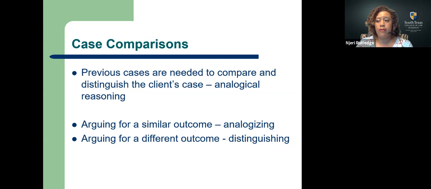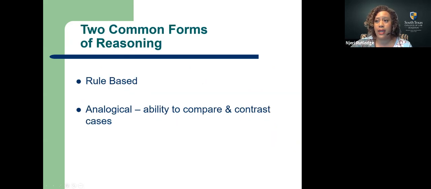If you're arguing for a similar outcome, so let's say early in your paper you said, here is what the conclusion will be, and you find a case that supports that, then you're going to be analogizing that case. If, however, you say this is what the conclusion will be, and you found a case that said the exact opposite, and you ultimately want to argue for a different result or outcome, you're going to be distinguishing the case.